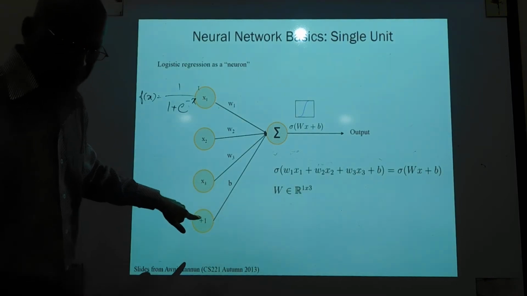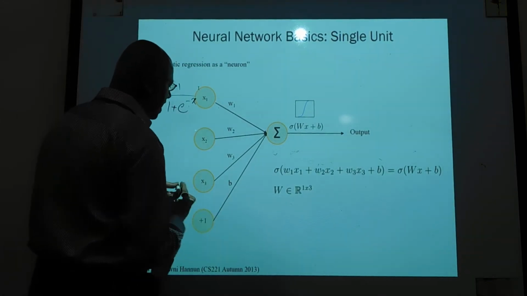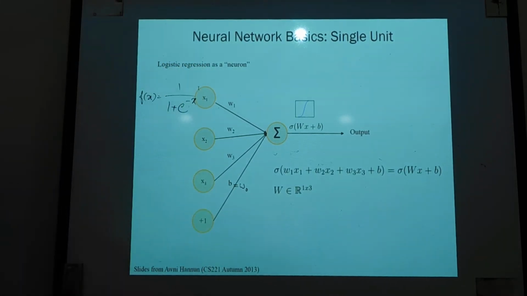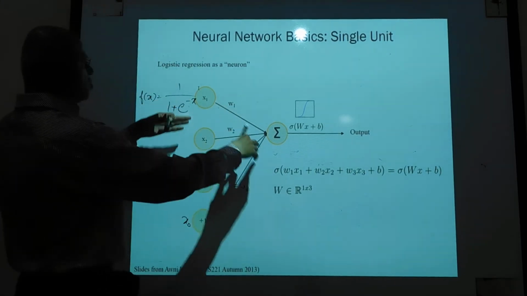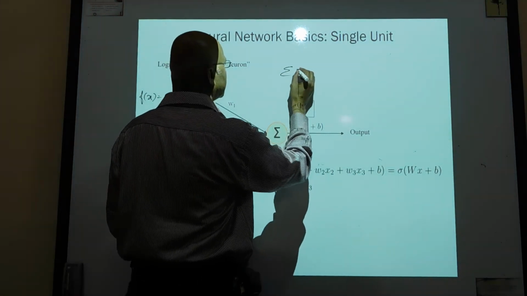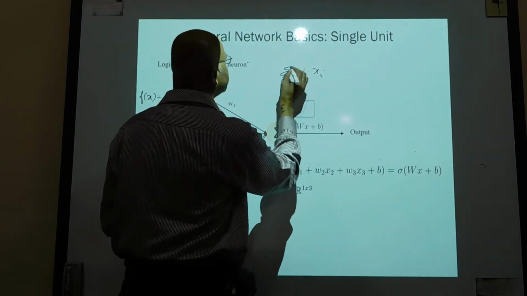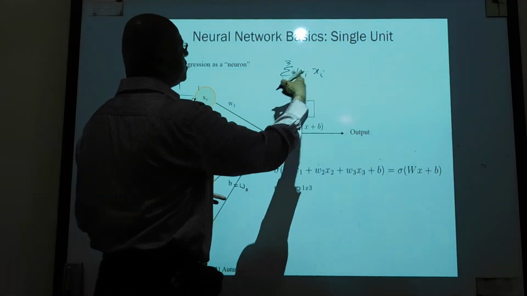Sometimes some of the textbooks consider this as w0, the 0th weight itself, and this as x0. So this summation can be written as wixi, i starting from 0 to 3. Why do you do this?